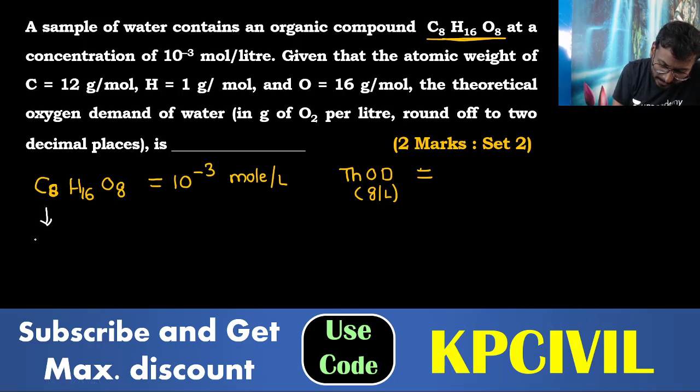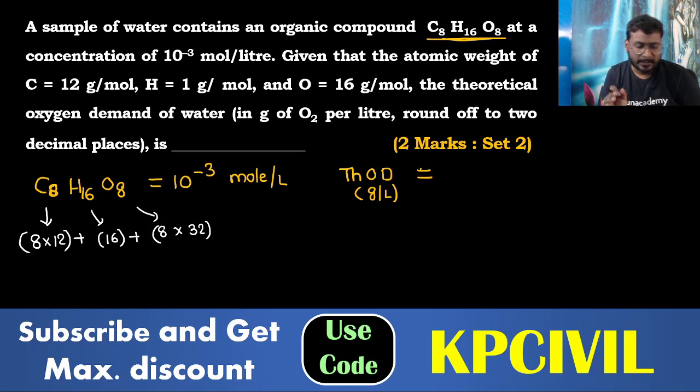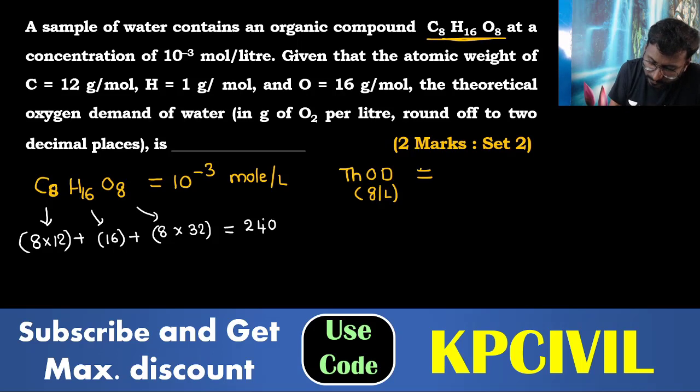C8 means 8 into 12, atomic weight of carbon 12, plus H16, so 1 only, so we'll take 16, plus oxygen 8 into 16. For C8H16O8, what is the molecular weight now? 240 gram per mole.